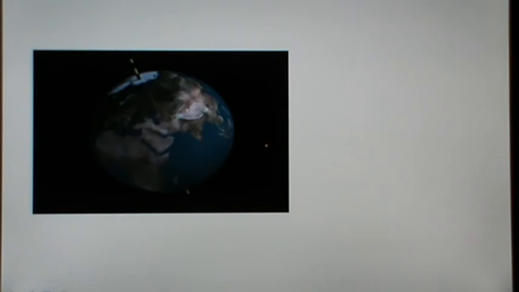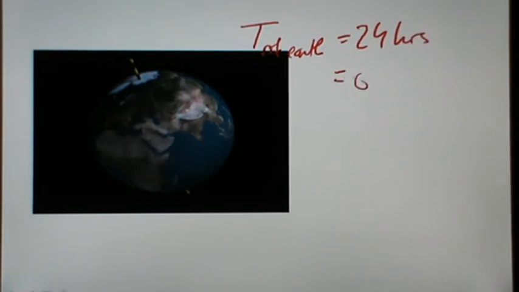Let's now get back to our Earth example. You know that the period of the rotation of the Earth is 24 hours or 86,400 seconds.